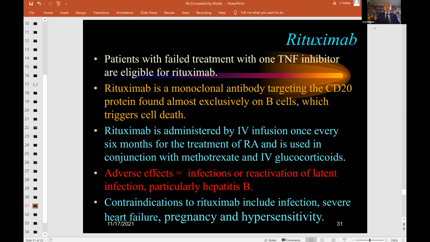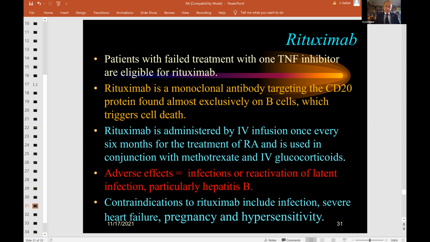Rituximab is usually used when anti-TNF have not been helpful. It's a monoclonal antibody targeting the CD20 protein, which it inhibits. It's administered by IV infusion once every 6 months and is used as a supporting medication with methotrexate and IV glucocorticoids.